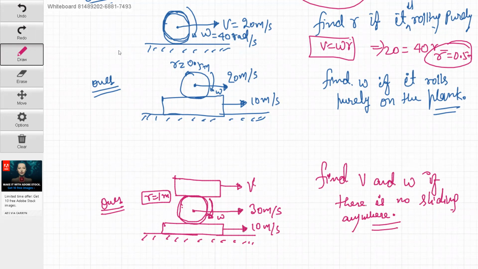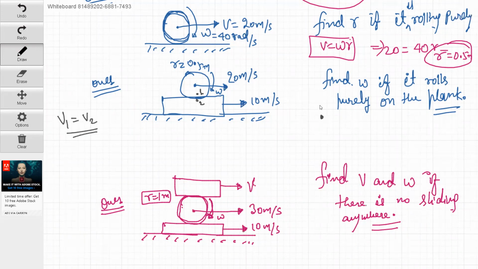Okay. So let me explain this one. Actually, if this is not slipping over this one, means this point is 1 and this is 2, means 1 and 2 are not slipping with respect to each other. What does it mean? It means that velocity of 1 will be equal to velocity of 2.